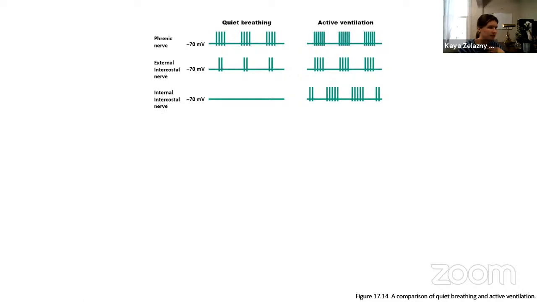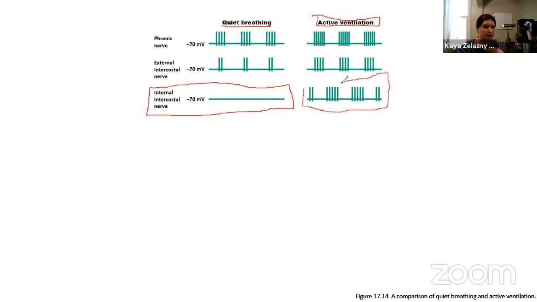So this is just emphasizing to us that during quiet breathing, we don't need that internal intercostal nerve, because this process is passive, so we don't need to use those muscles. But during active ventilation, when we're forcing our breath, right, when we're really huffing and puffing out, that nerve is going to come into play, because to forcefully expel air out, we do need to use those muscles.